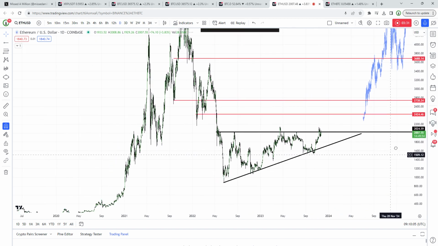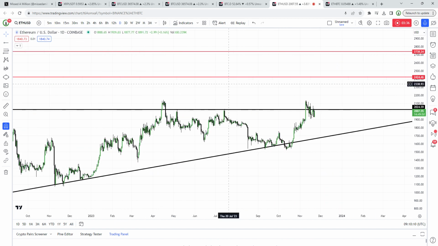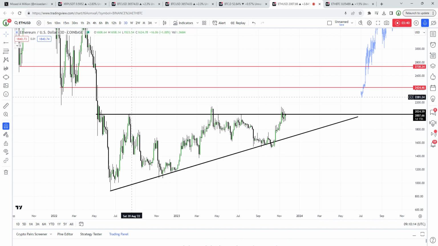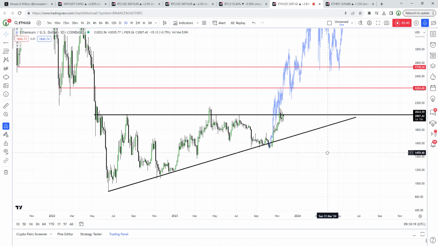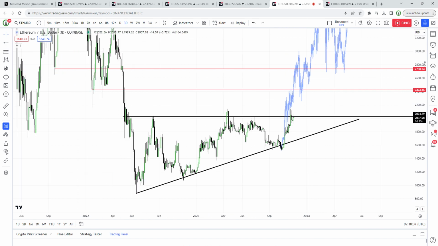If we zoom in, let's go to the 3-day. It's a lot clearer. If we overlay this fractal, we could be coming up to about 3,000, 3,200, something like that. But as soon as we break this ascending triangle, that's the resistance broken, and we would want to see ETH make some moves up.